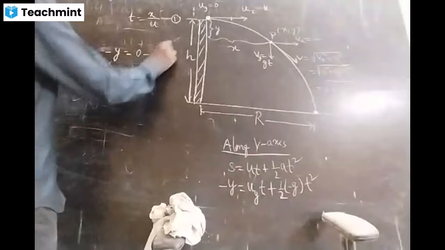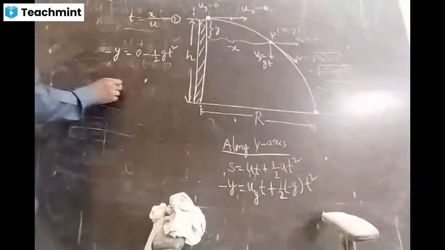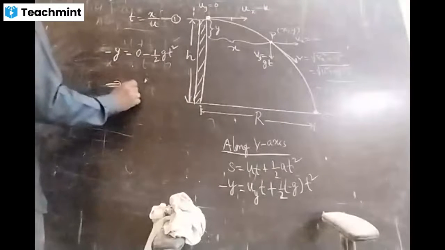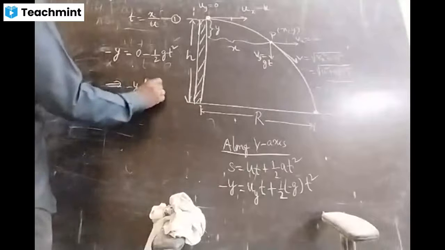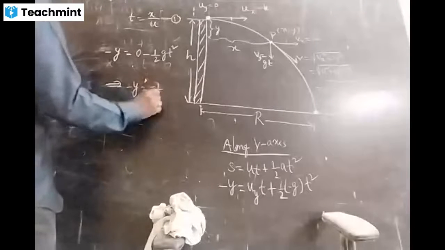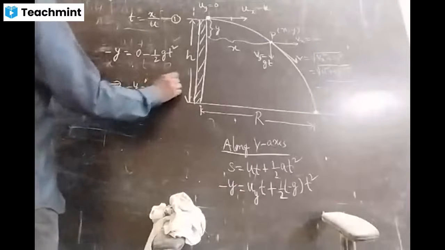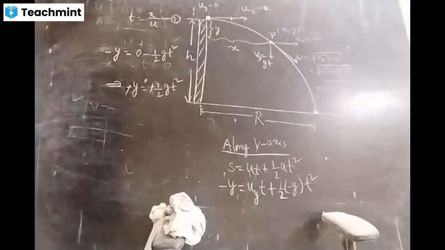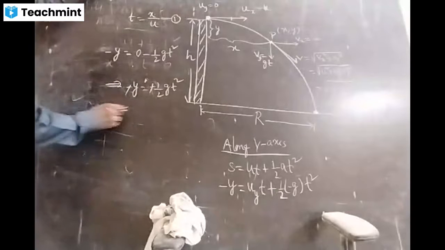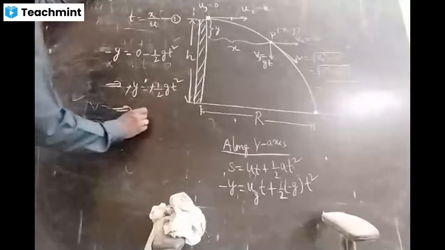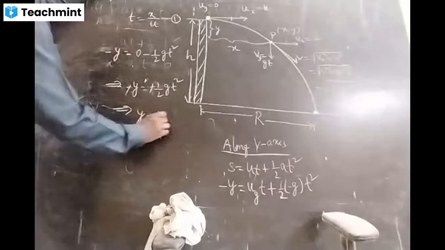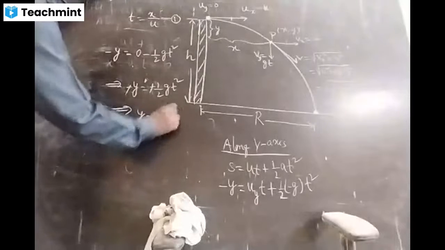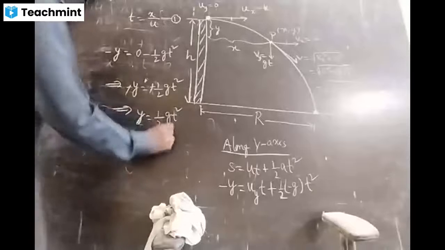This implies minus y is equal to minus half g t square, so y is equal to half g t square. Let me take this as equation 2.